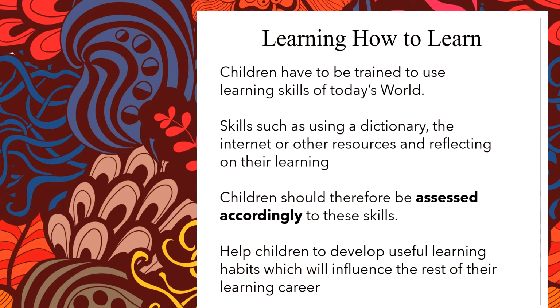Children have to be trained to use learning skills of today's world, skills such as using a dictionary, the internet, or other resources, and also reflecting on their learning. Children should therefore be assessed according to these skills. So, for example, using technology to assess students is an example of this. Also, you should help children to develop useful learning habits, which will influence the rest of their learning career.